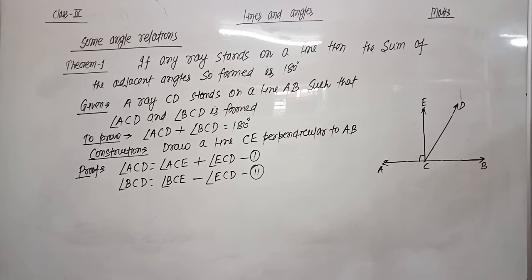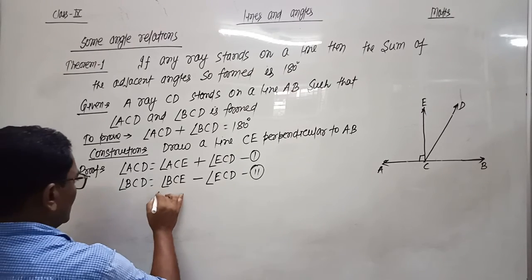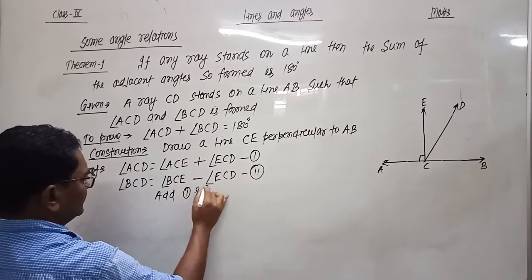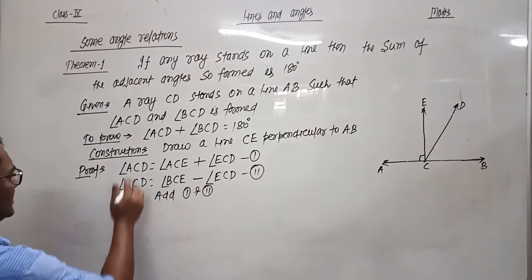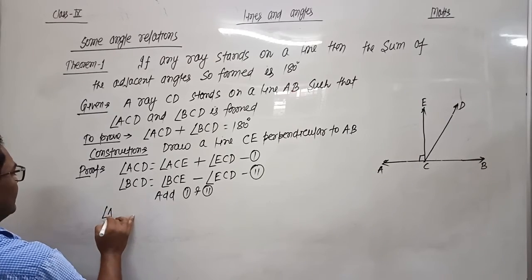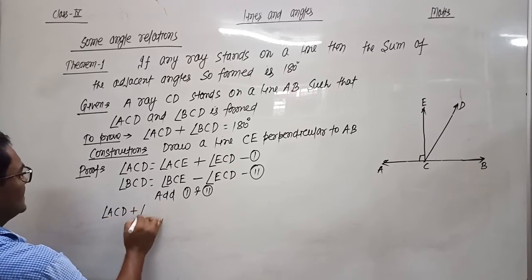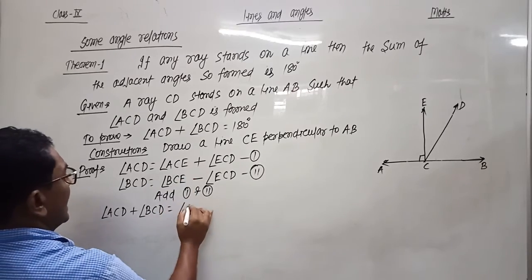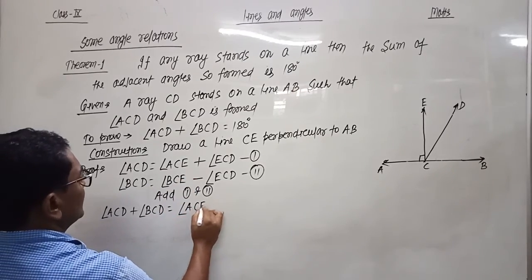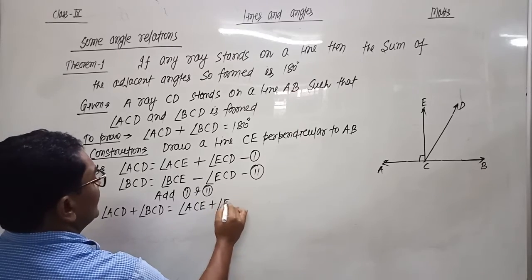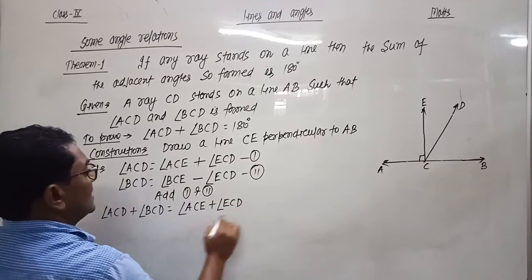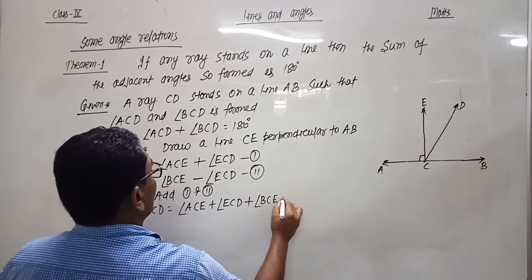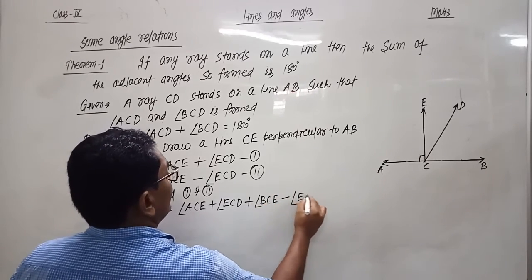Adding first and second, we get angle ACD plus angle BCD equals angle ACE plus angle ECD plus angle BCE minus angle ECD.